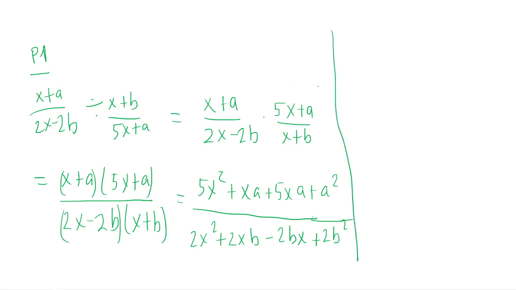Okay, and we can probably reduce this a little bit. I suppose we can do that. Well, 2xb minus 2bx just cancel out.